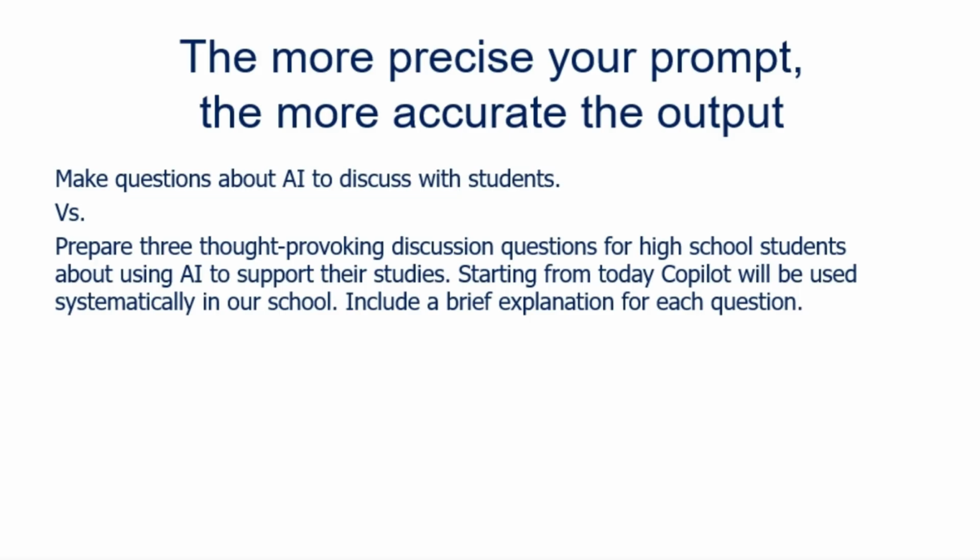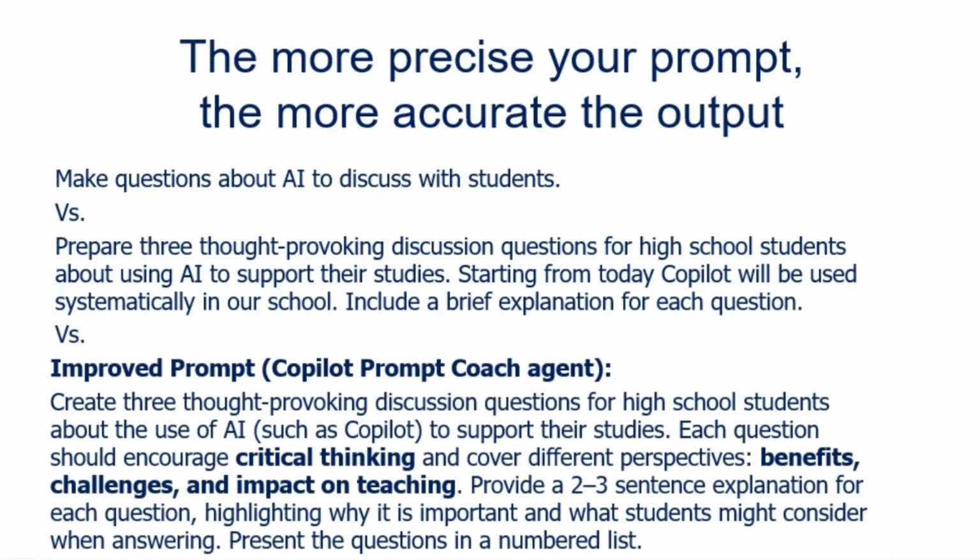What I did next is that I opened the Copilot, and they have so-called agents there, and there is something called prompt coach, and I asked it to analyze this second prompt and make it even better. And then it added there that each question should encourage critical thinking and cover different perspectives like benefits, challenges, and impact on teaching. So now the prompt is already so much better.